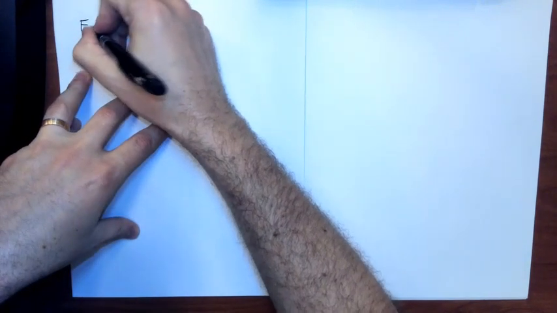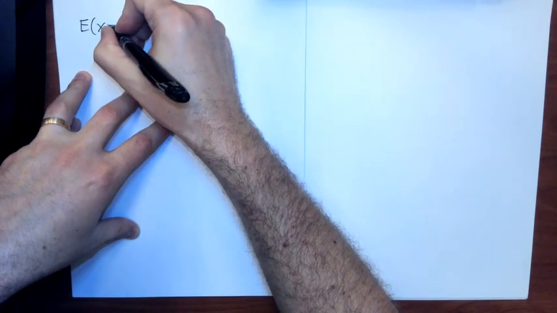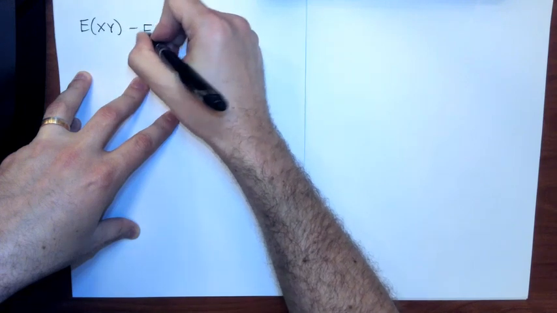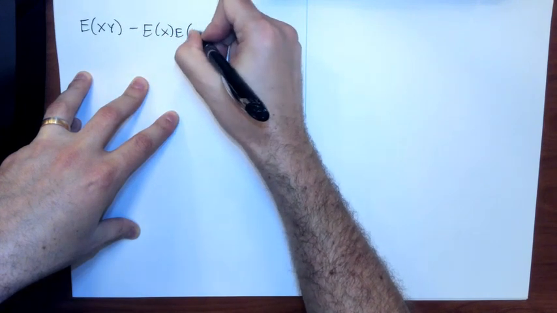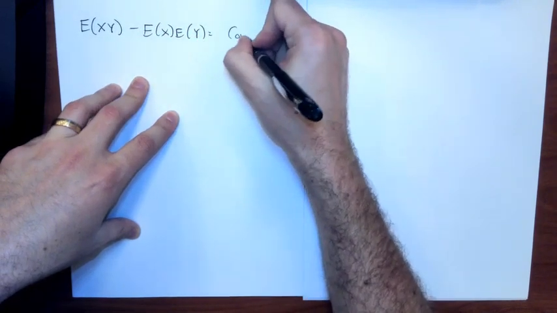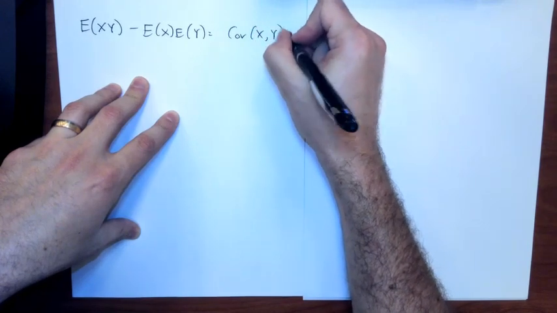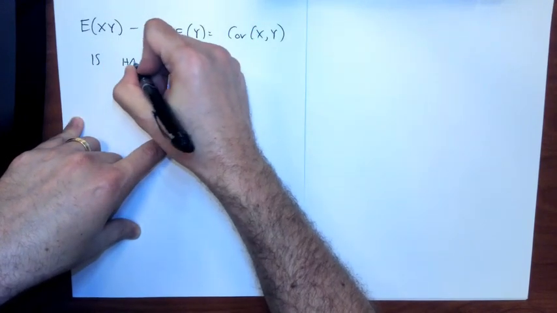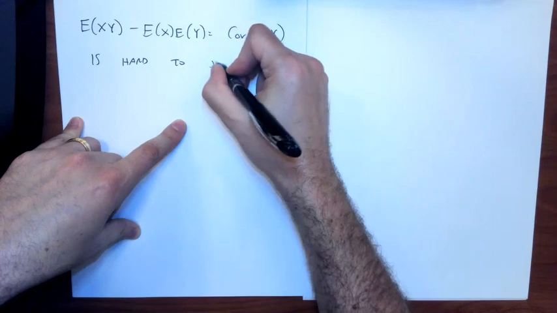Remember that the interpretation of the variance of a random variable was how much it spreads, how wide the possible set of values could be. And so the covariance, the expected value of xy like this, is hard to judge on its own.